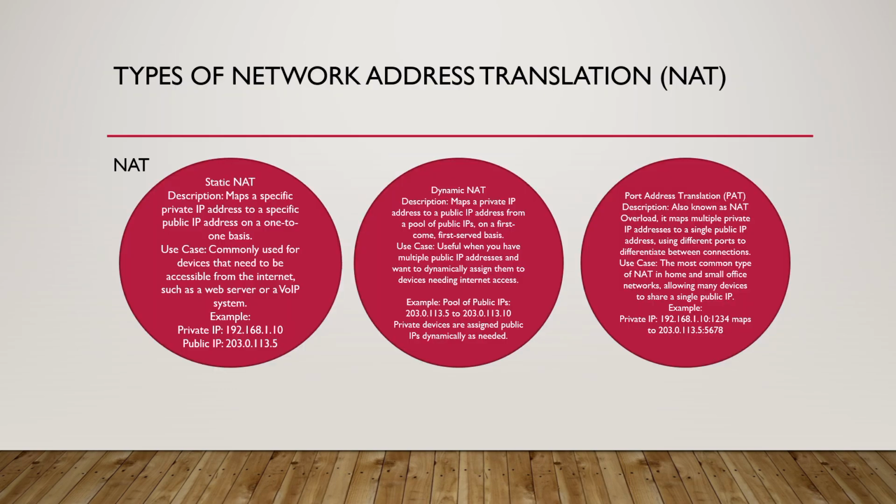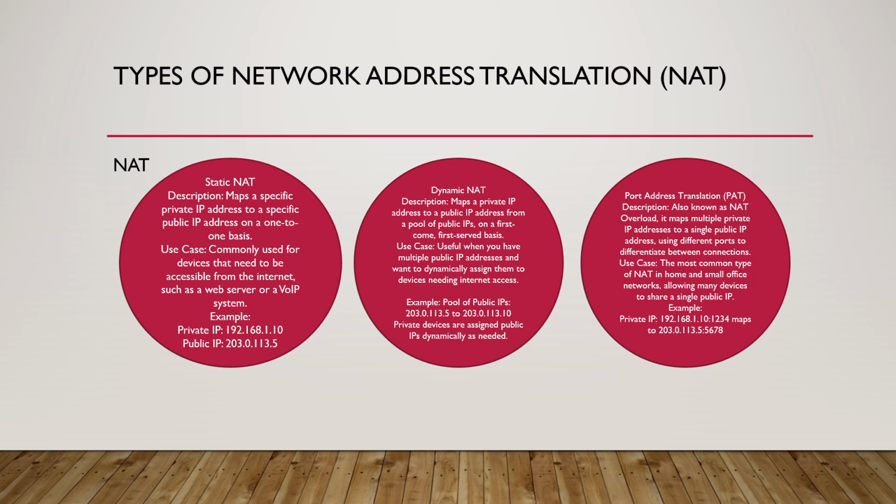Now we will discuss the types of network address translation. Mainly, network address translation has three types: static NAT, dynamic NAT, and port address translation NAT. Static NAT maps a specific private IP address to a specific public IP address on a one-to-one basis.